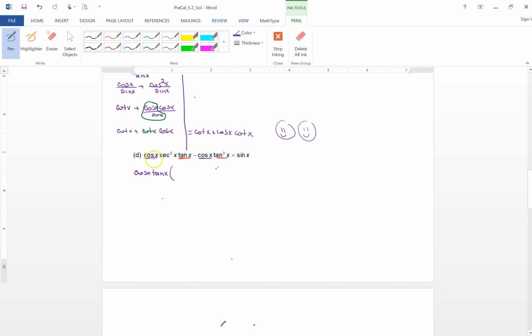If I factor out a cosine x and a tangent x, I just have secant squared x left. Minus, from here, I factor out the cosine x, so that's gone. And if I take out one tangent, I have 2 more left.